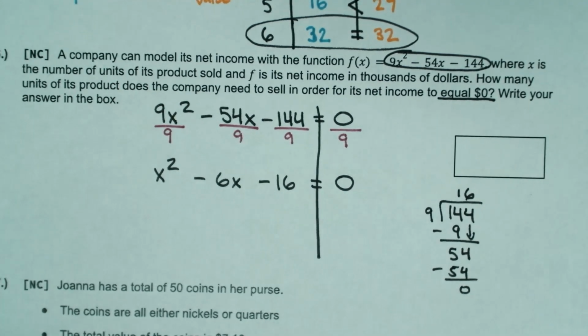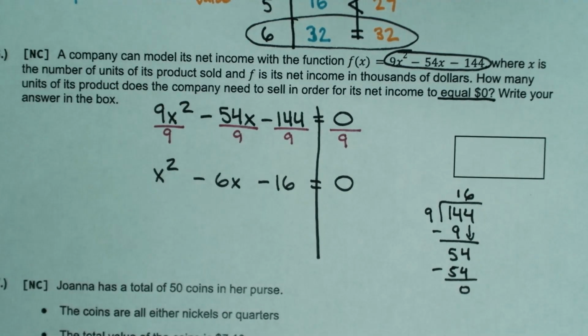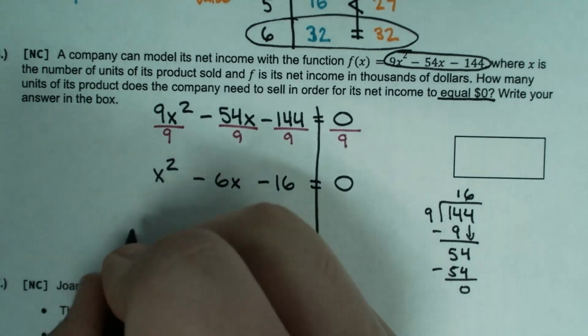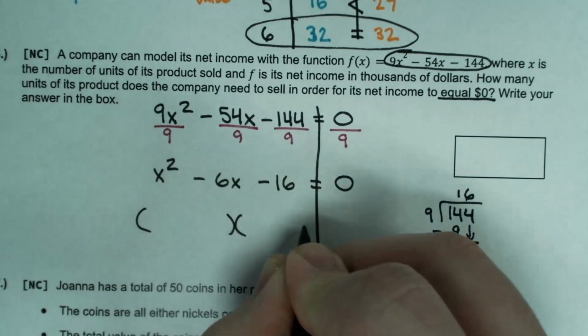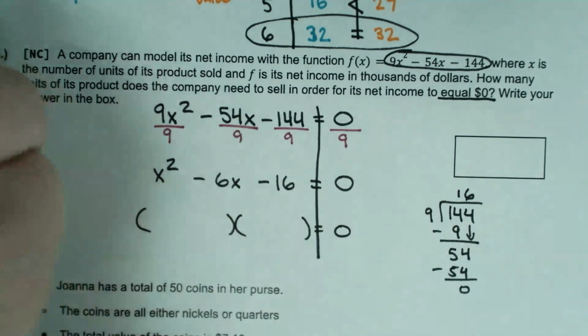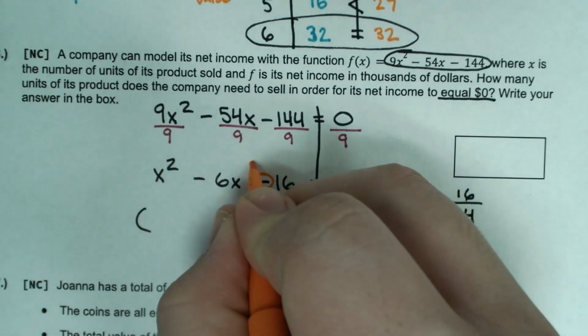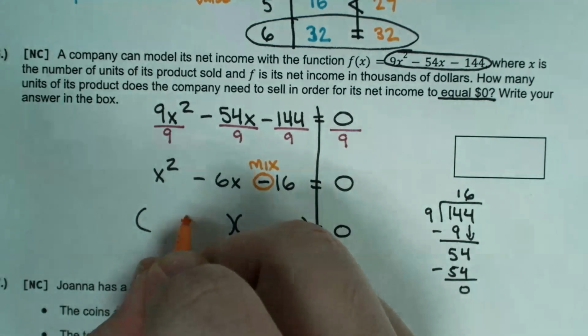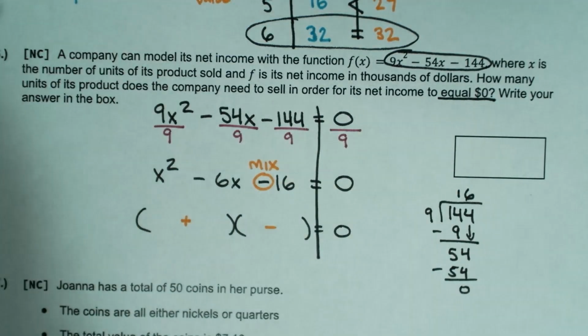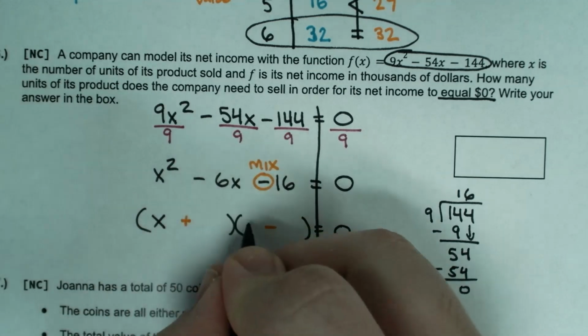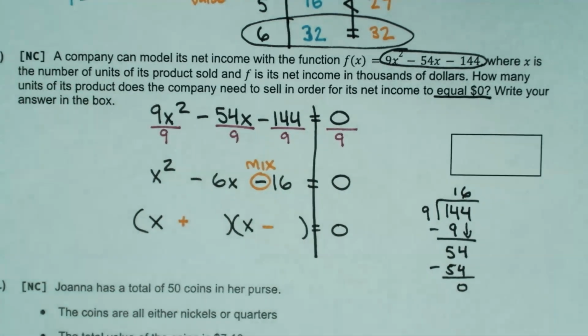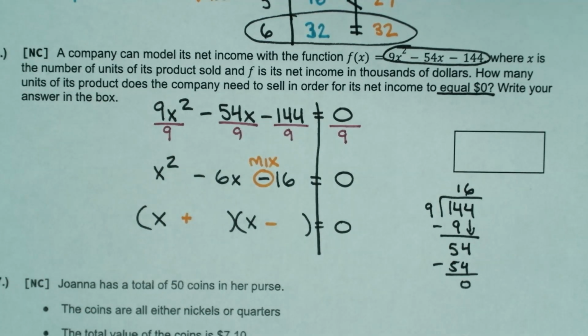Okay, so now that I've got rid of that leading coefficient, this is super easy to factor. I'm going to put it in parentheses. Hey, don't forget, if that last number is negative, your signs are going to be mixed. So, any thoughts on a positive and negative number that multiply to negative 16 and add to negative 6?